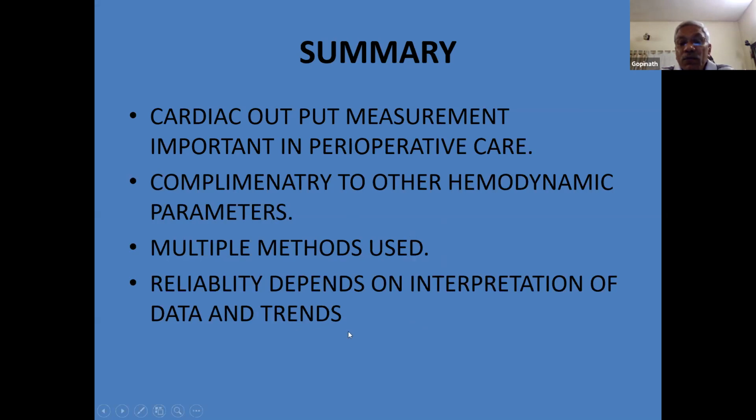So you always have to look at it over a period of time, along with any interventions you do, volume therapy, vasoactive drugs, anything. The interpretation is based on you. You are the one who determines how effective your intervention has been, based on the monitoring that you have done of these hemodynamic variables.